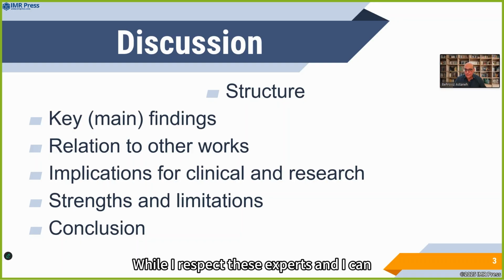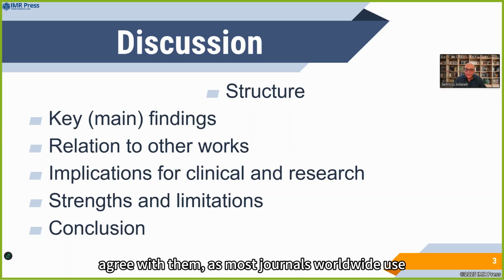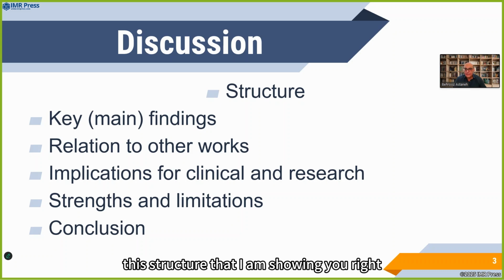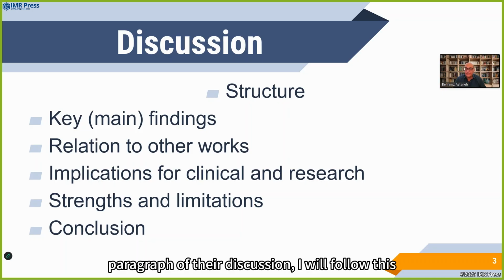While I respect these experts and I can agree with them, most journals worldwide use the structure that I am showing you right now and ask writers to write the strengths and limitations of their study in the penultimate paragraph of their discussion.